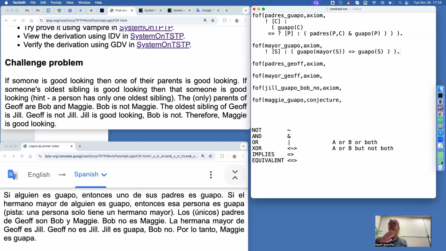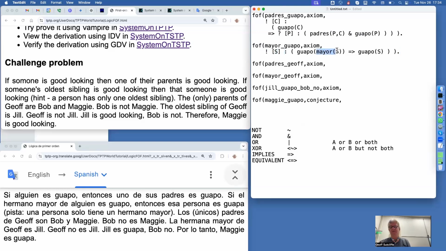I want to just show you this because this is something you need to understand. The oldest sibling, it's your oldest brother, your oldest sister. You have only one oldest. And if it's only one, then you can use a function. So you see how I've written here, maybe this is bad Spanish, but you get the idea. It says, this is for all people, me, you, everyone.